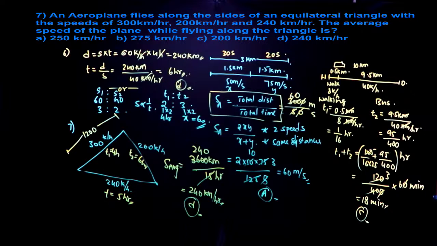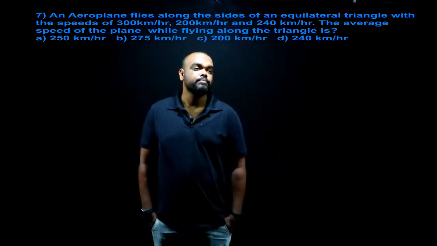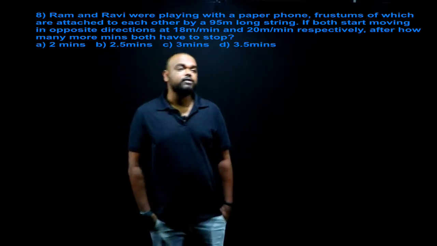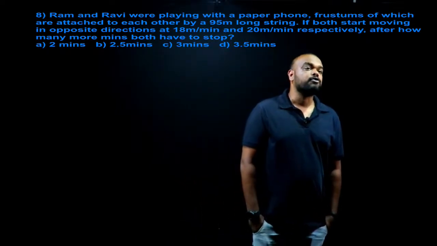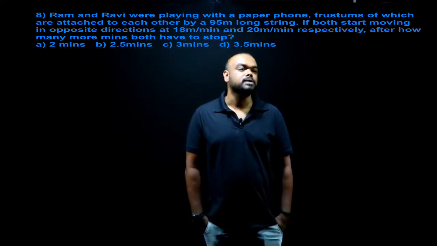Let us go with the question. Next question, please. Can you give me the video? Question number 8. What do we have in question number 8? Ram and Ravi were playing with a paper phone, frustums of which are attached to each other by a 95-meter long string.